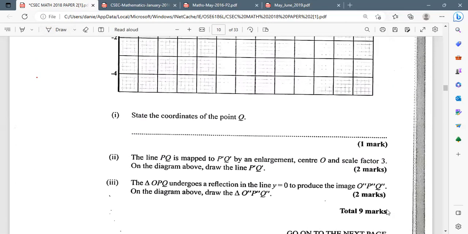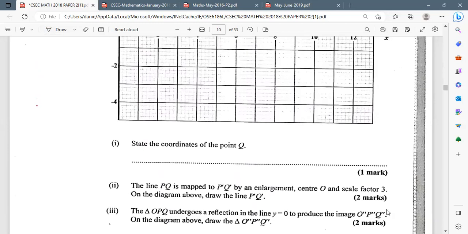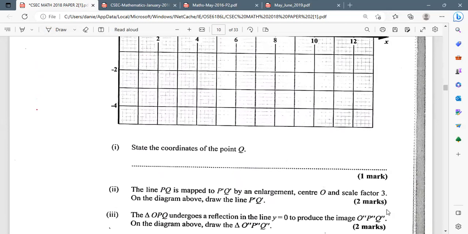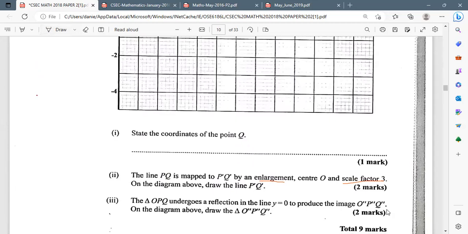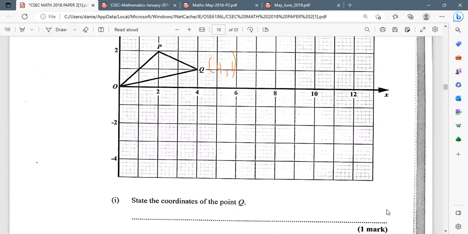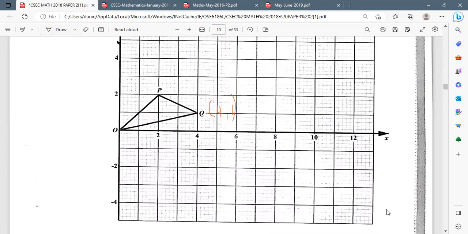Now the second part. The line PQ is mapped to P prime Q prime by an enlargement of scale factor 3. So remember, for an enlargement, all you need to do is multiply the coordinates at each point by the scale factor. They said it's centered at 0, so that point is not going to change. So what is P? First you need the coordinates of each point. P is 2 and 2.